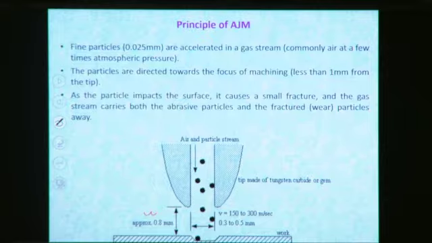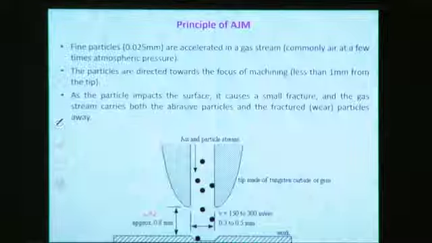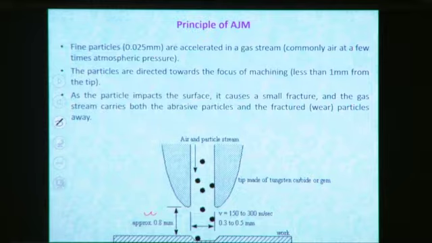When this high velocity jet comes, it does the machining action. The particle impacts the surface and causes a small fracture. The gas stream carries away both the abrasive particles and the chips formed due to the fracture. Both are carried away by the high velocity jet of air.